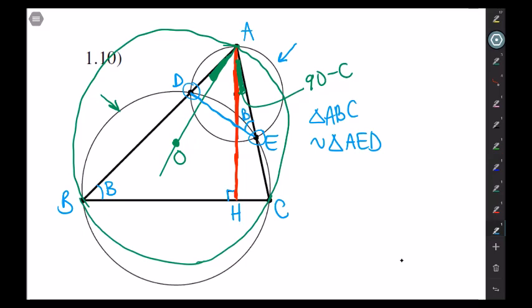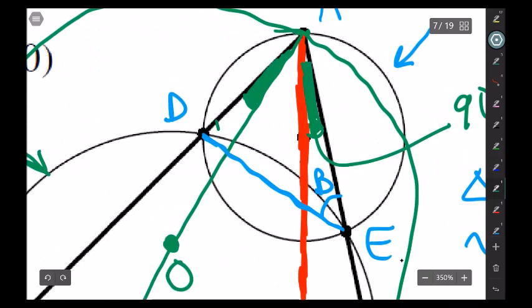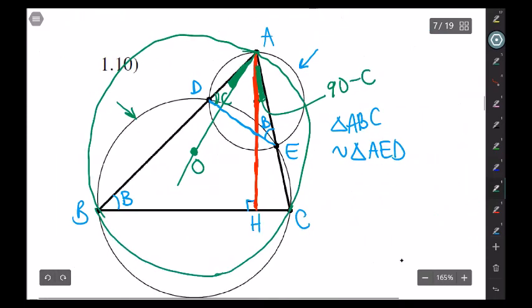Because of that cyclic quadrilateral BDEC. Opposite angles are supplementary, so this angle is 180 minus B. As a result, the supplementary angle is B. But by the same token, this tiny angle here is a C. Let me draw it. So this is a C.